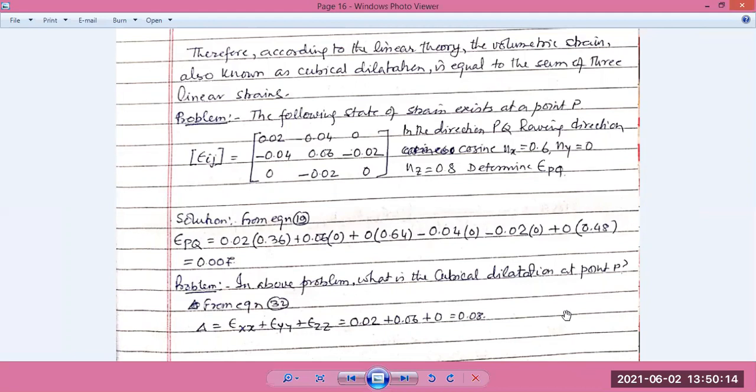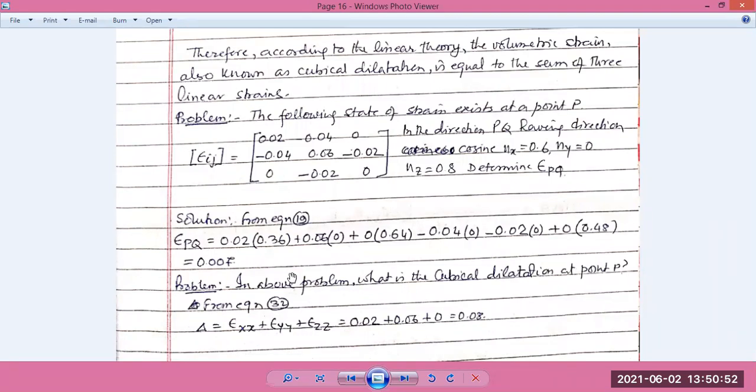From equation 32, we know, from equation 19, it is going on like this. Actually it is not equation 19 but equation 20.